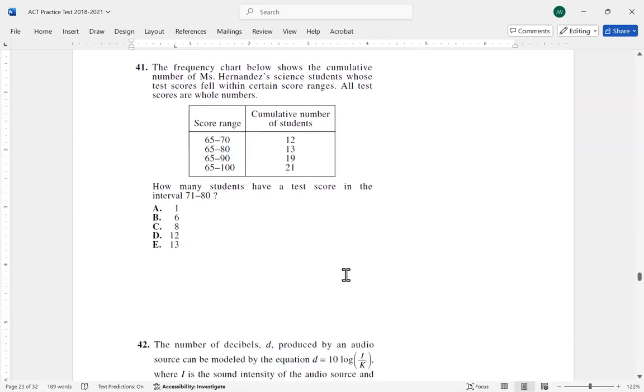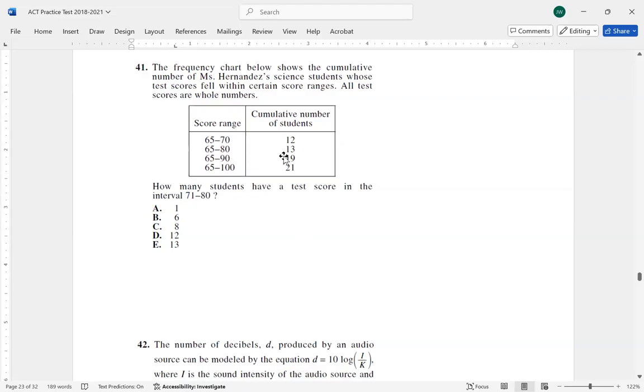Question 41. The frequency chart below shows the cumulative number of Mrs. Hernandez's science students whose test scores fell within certain score ranges. All test scores are whole numbers. How many students have a test score in the interval from 71 to 80?